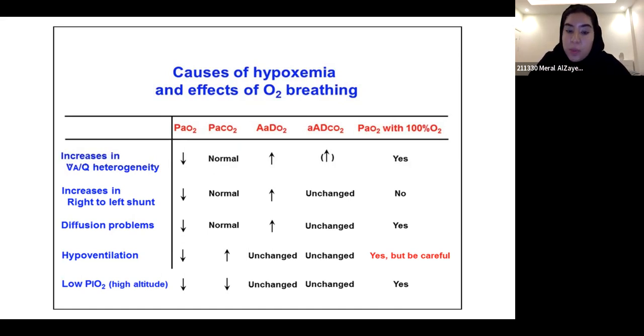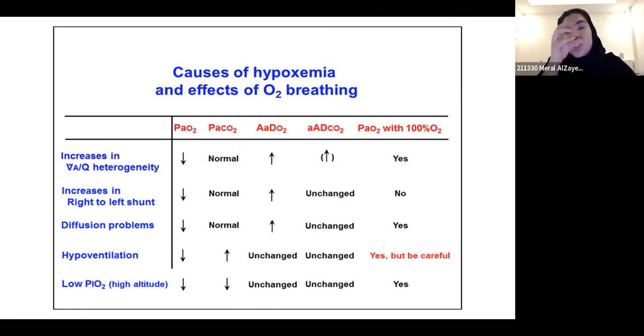If we give the patient 100% oxygen and there's no change, the arterial partial pressure did not increase, we can automatically conclude that the reason for hypoxemia is increased right to left shunt. How can we conclude that? Because the blood in the first place does not get ventilated.